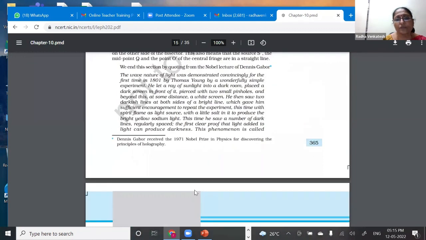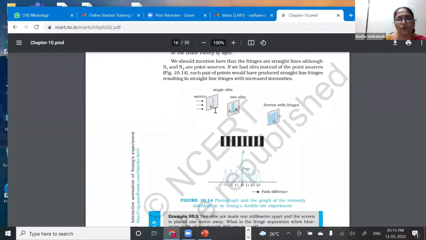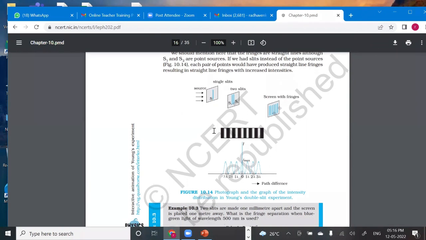These S1 and S2 act as coherent sources giving you the interference pattern. Now the question says you are going to move this S closer to S1 and S2. Is this distance involved in the formula? No, ma'am, it is not involved in the formula.